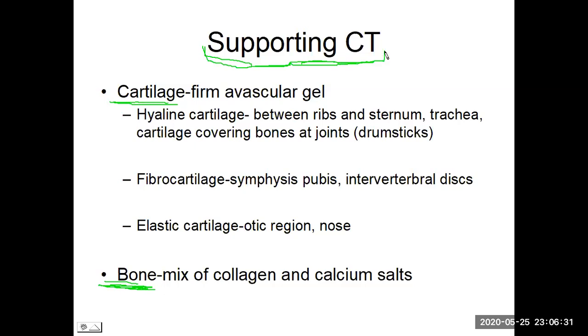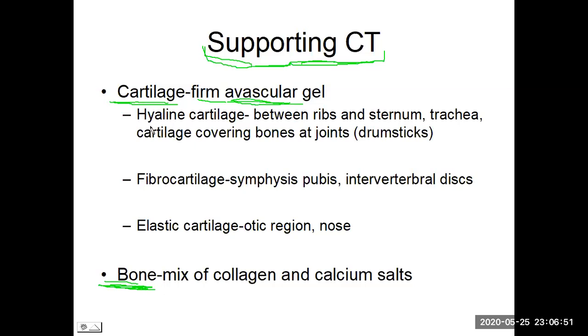So we'll start with cartilage. All forms of cartilage are this flexible yet firm avascular gel. Lacking a blood supply is the typical and usual condition for cartilage. We'll see an exception coming up.